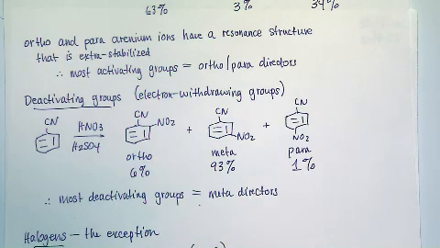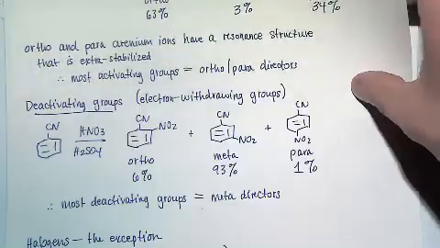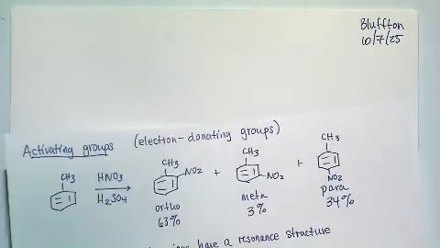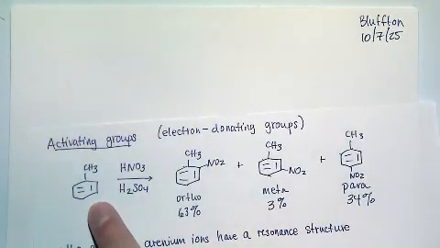I don't think I brought my chart. But anyway, that chart is going to be important for you, and it's also going to be given to you on the exam, so you don't have to memorize it. But do get familiar with everything that's on the chart.